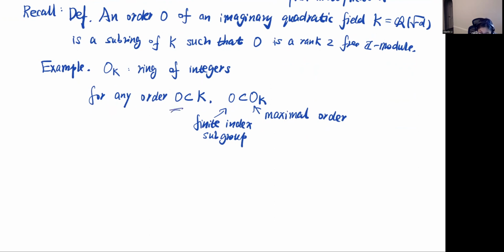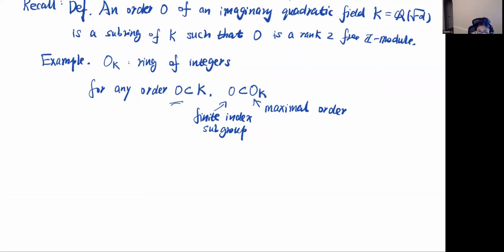Okay, great. So if you give me an imaginary quadratic field K and an order O in K, how am I going to construct an elliptic curve with endomorphism ring exactly isomorphic to O? The point is, how do I construct the lattice? So here's how you do it.